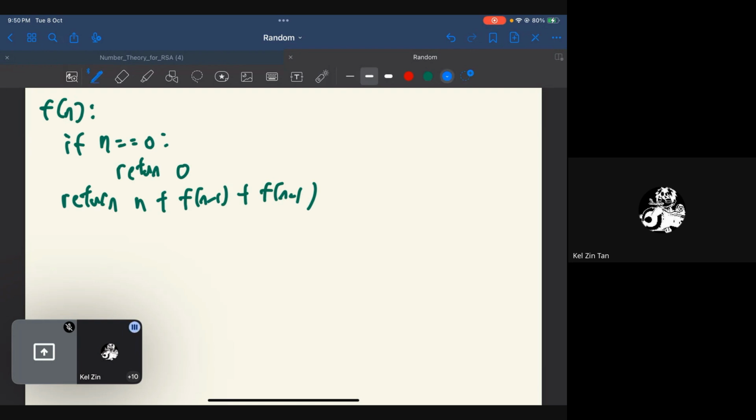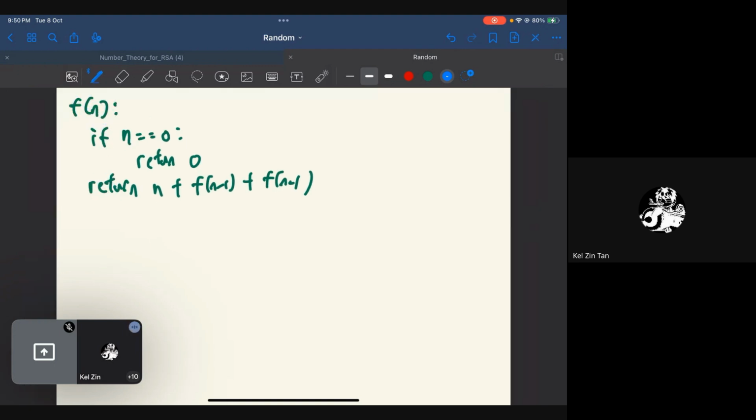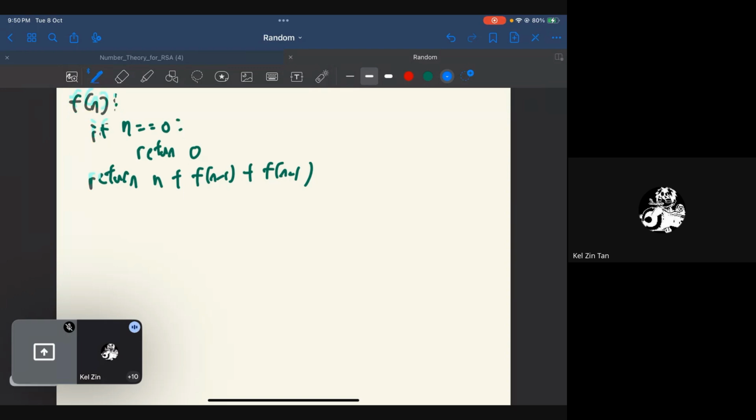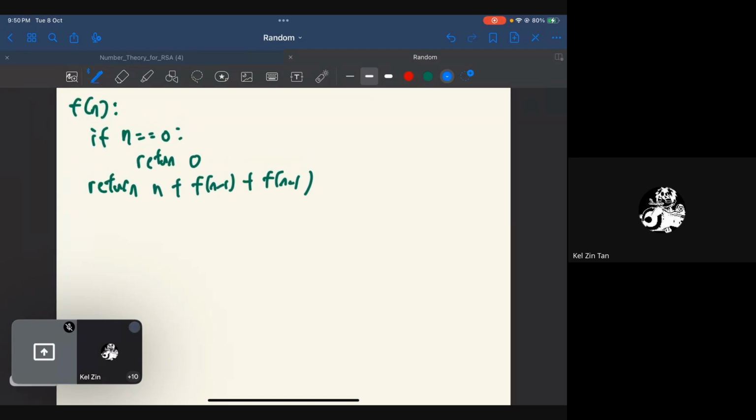I'm not sure whether you have learned this before, but usually if we encounter a recursive function, we can write the function T(n). We suppose T(n) is the time that is required to run this function f(n).